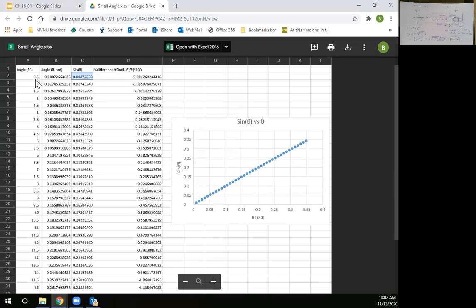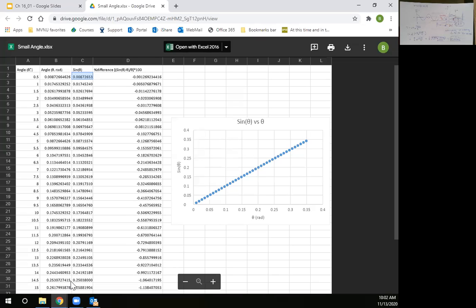So you can see if you increase the angles, the angle in radians, theta, and sine theta are pretty much equal to each other, right? Until we reach about 15 degrees, then it starts to have some deviation.